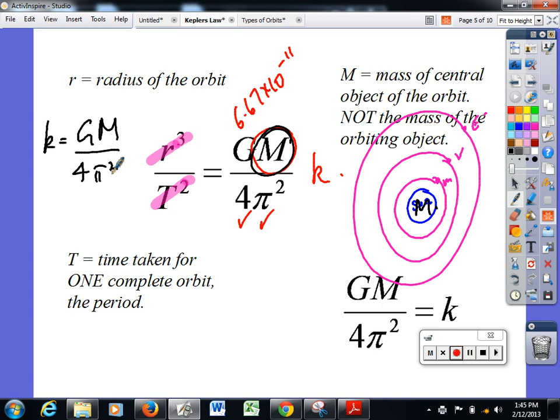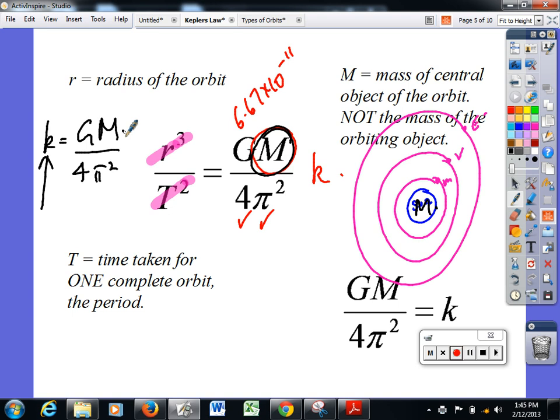So this K is the same value as we would share if it was Jupiter. Because Jupiter's orbiting the sun and that M stands for the sun, we would share the same K value as Jupiter for the sun. However, it will change if the central object changes.